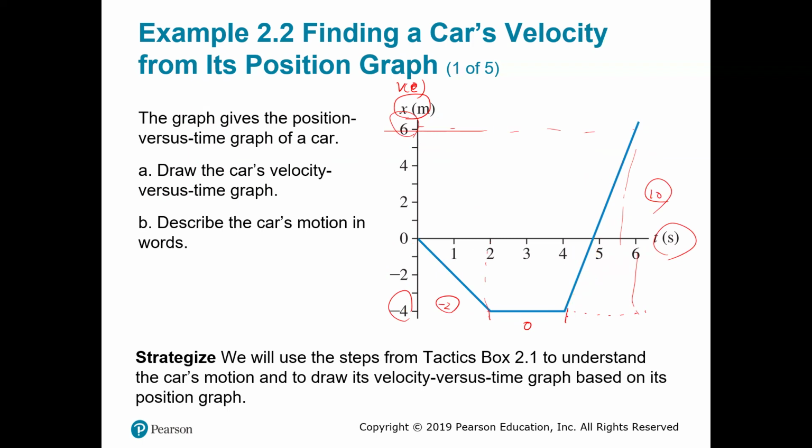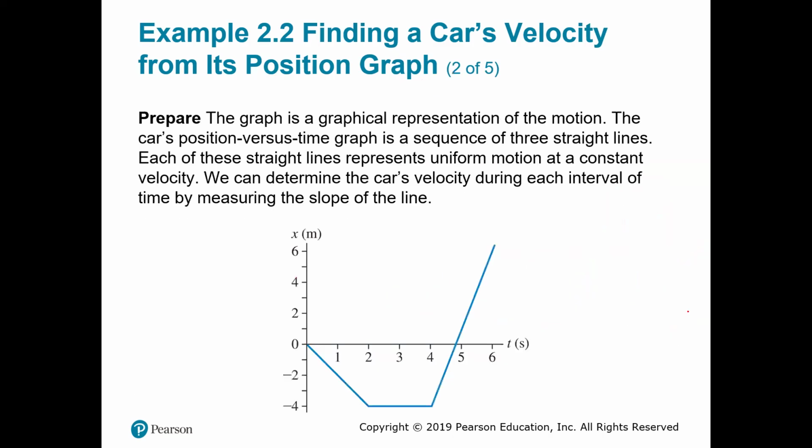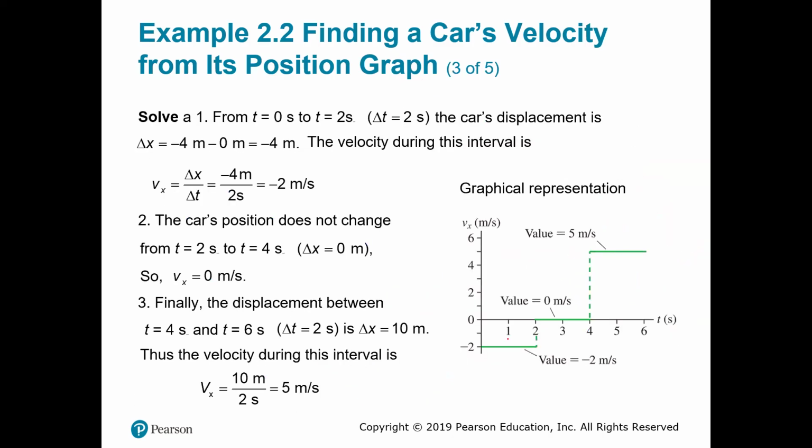So the velocity here, or the slope, is 10 over 2, which is 5. So now you have -2, 0, and 5. So your velocity graph is -2, 0, and 5. Okay? I recommend you carefully review these examples by yourself.